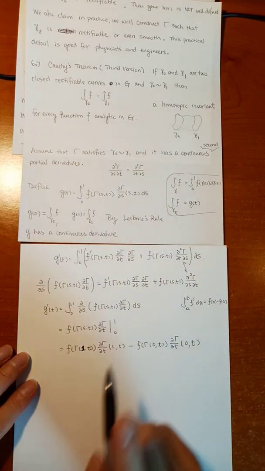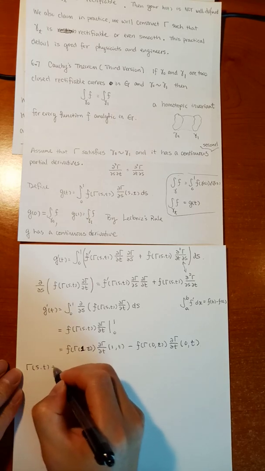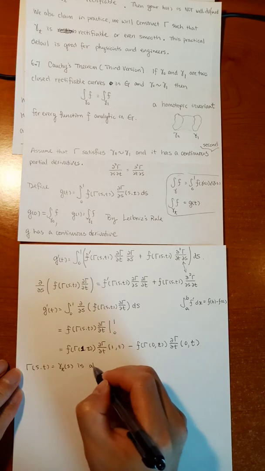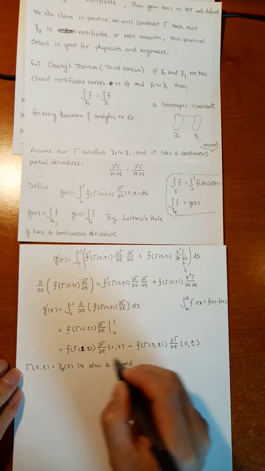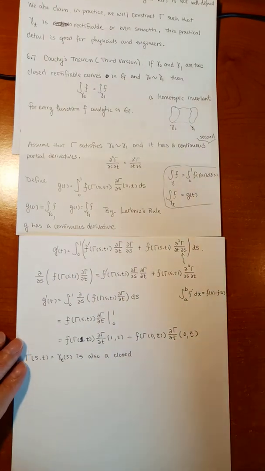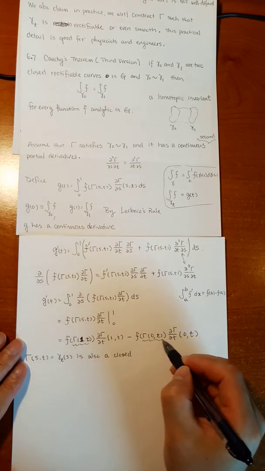Okay, so remember gamma st, which is little gamma t of s, is also a closed curve. Now actually it's rectifiable because it's differentiable. So we get these two points are the same.